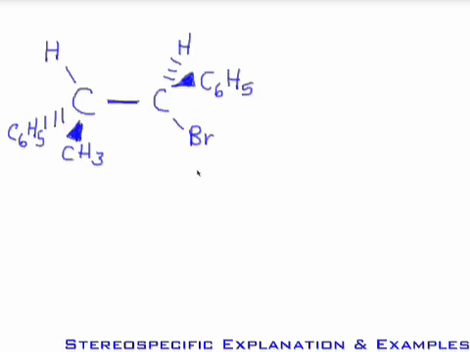If we pull the H and Br off, you see now the C6H5 is going to form on the same side, coming out at you, as the CH3. When it leaves, you're going to get the CH3 on the same side as the C6H5.